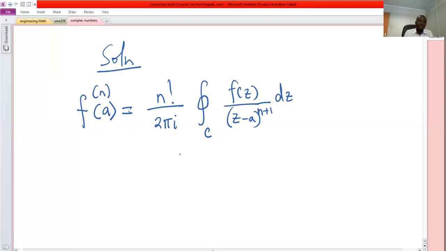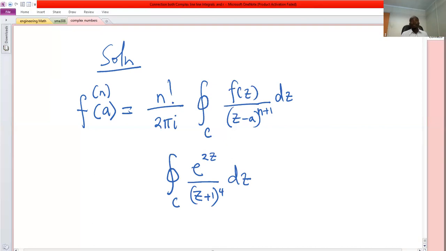So we have our integral is integral of e raised power 2z over z plus 1 raised power 4 and then dz.